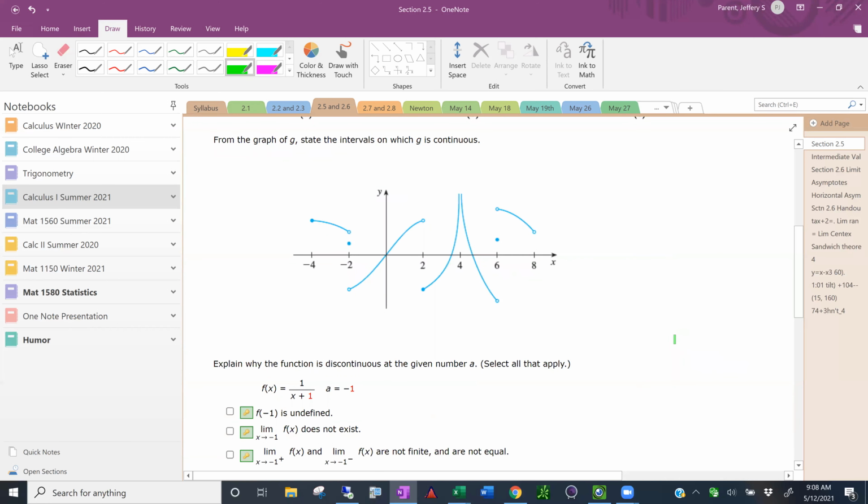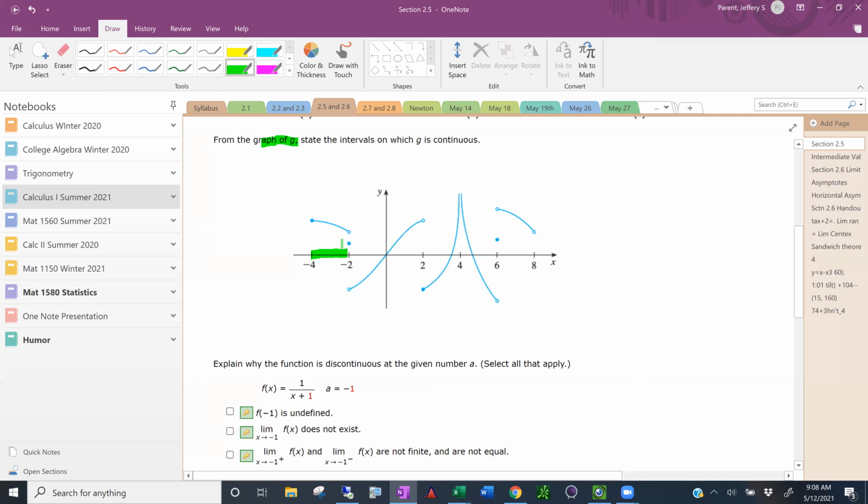So we'll start in a user-friendly way and take a look at this graph of G. It says state the intervals on which G is continuous. Well, G is continuous right here. So it's continuous between negative 4 and 2. I'm going to be user-friendly about this and list those with open parentheses.